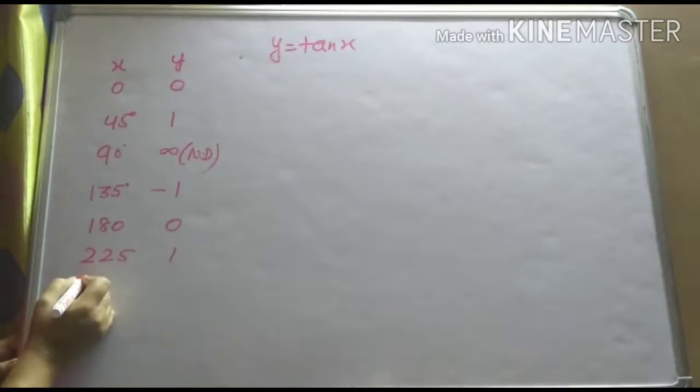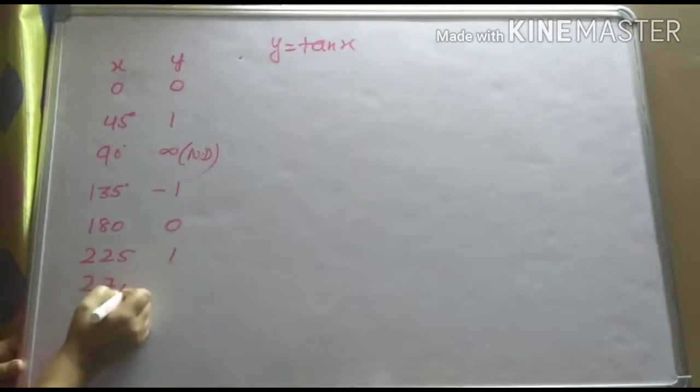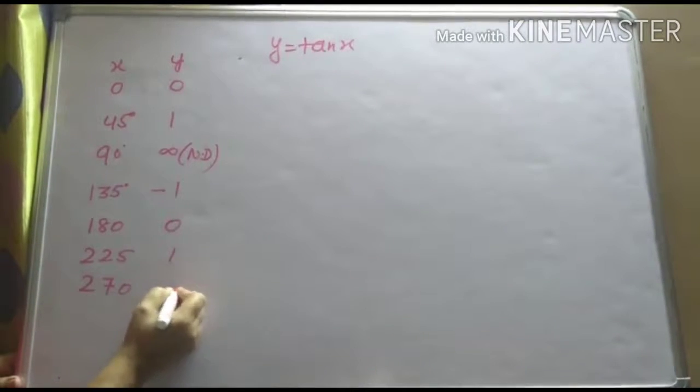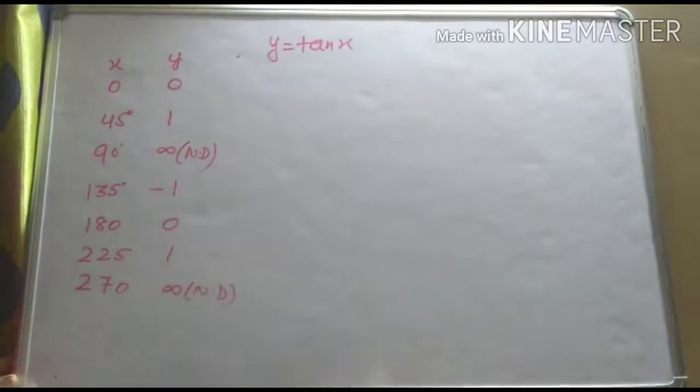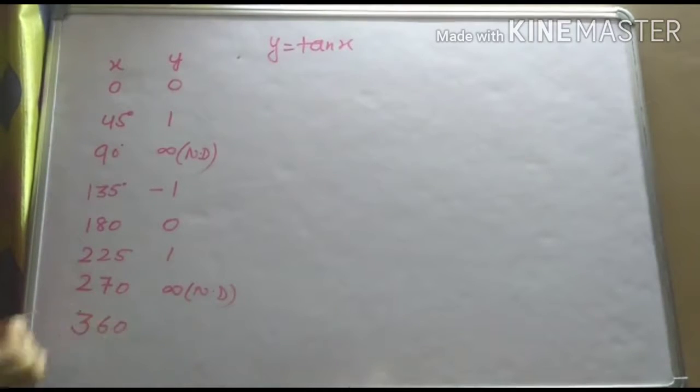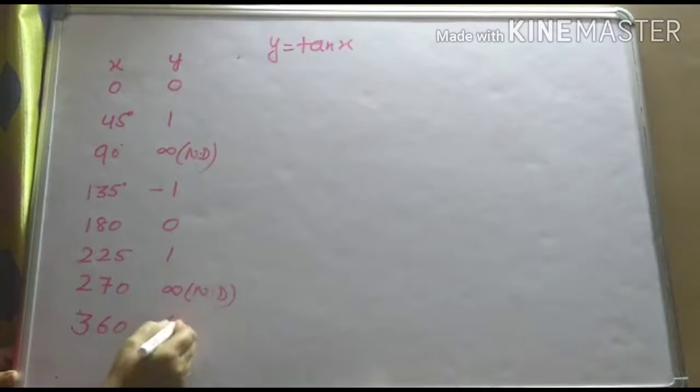Then if we have tangent 270, it is infinity, not defined. Then if we have tangent 360, then it is 0.